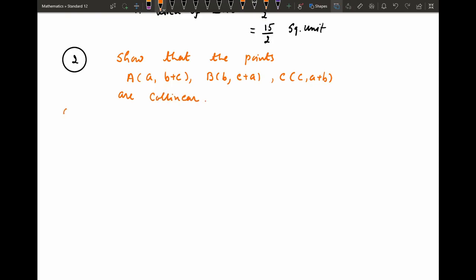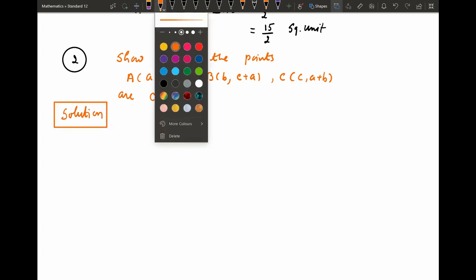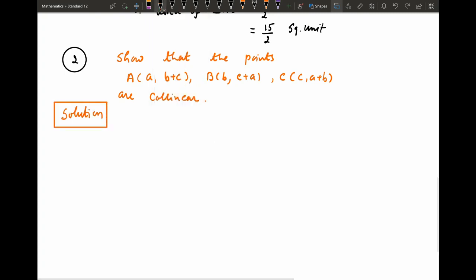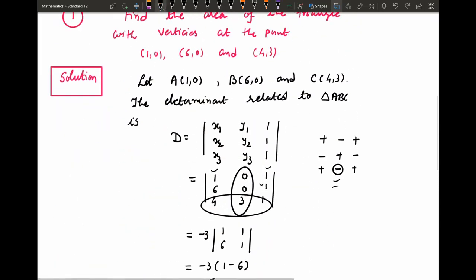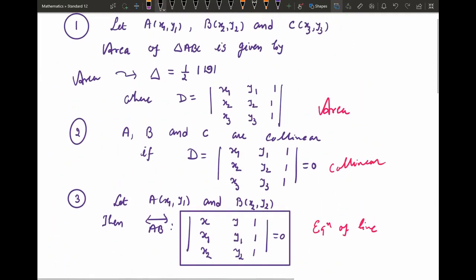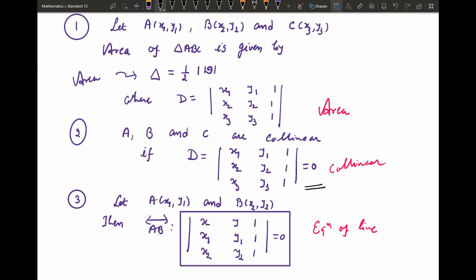So let us discuss solution. Now to prove that these 3 points are collinear, we use second formula. These 3 points are collinear if and only if value of this determinant equal to 0.